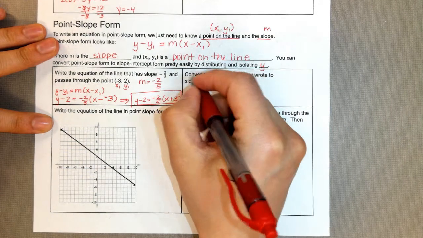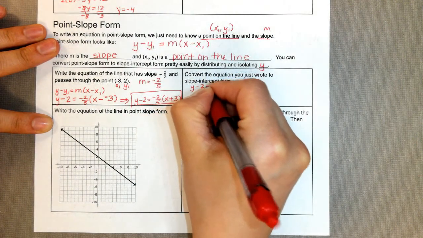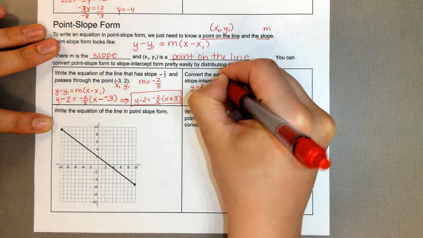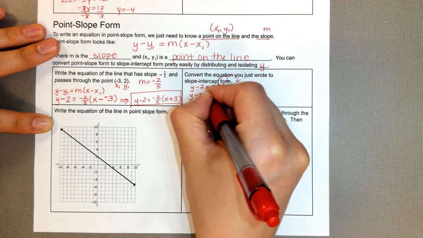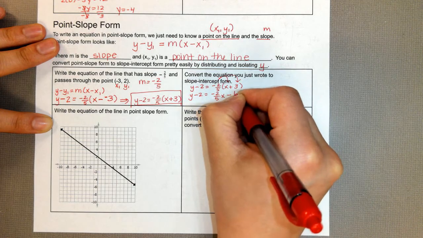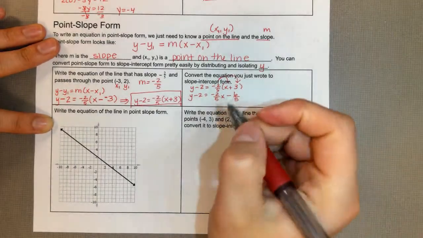So what I'm going to do is distribute and then add the 2. I'm going to start with my equation. First I'm going to distribute this negative 2/5. So I have y minus 2 equals negative 2 over 5x minus 6 over 5, because 3 times negative 2/5 is negative 6 over 5.